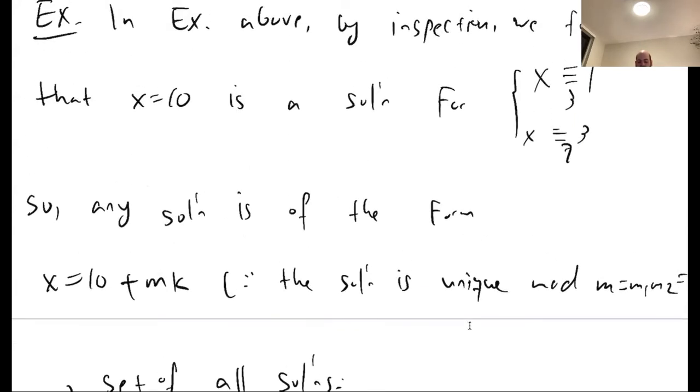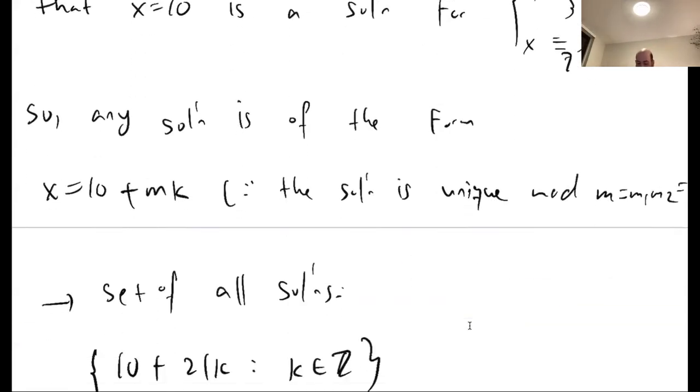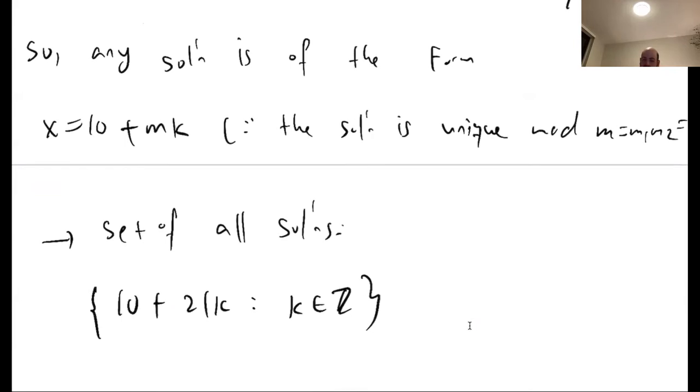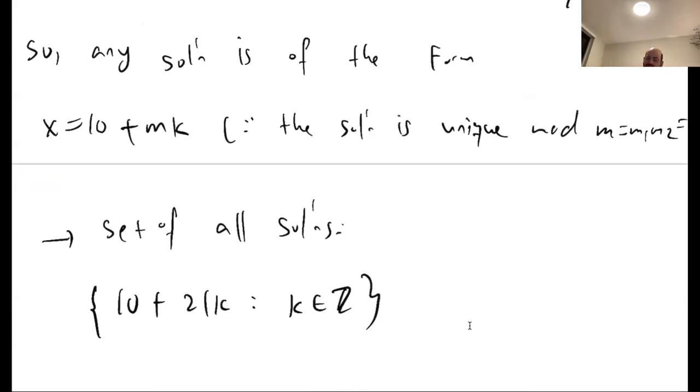We can check that 31 is 1 mod 3 and 31 is 3 mod 7, and so on. The next solution will be 10 plus 2 times 21, then 10 plus 3 times 21, and so on.